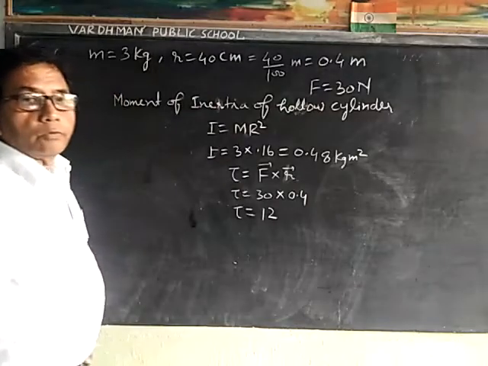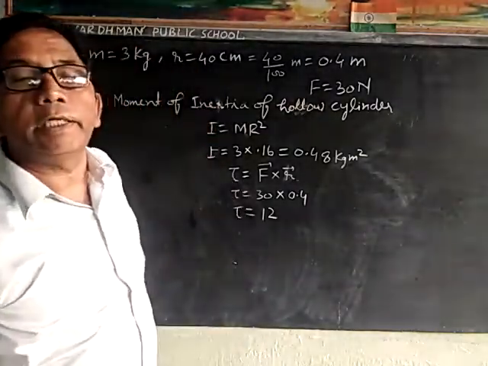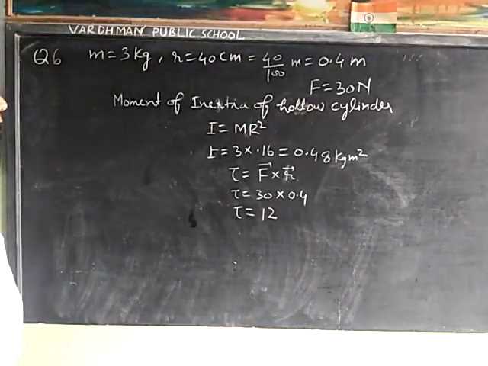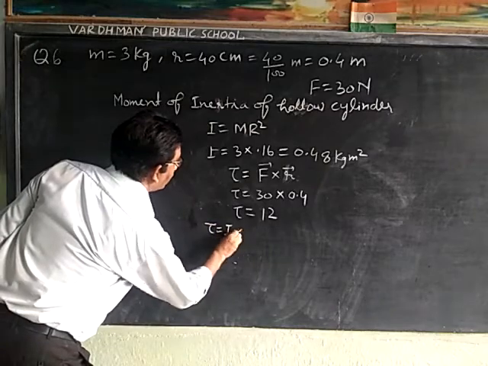Now we have to calculate the angular, what is the linear acceleration? Tau is equal to I into alpha.